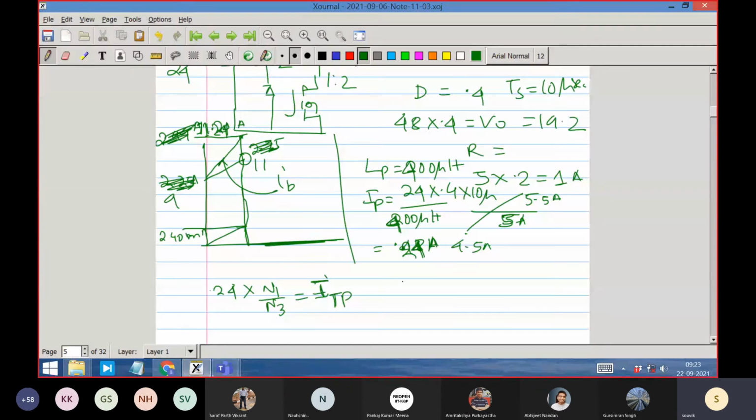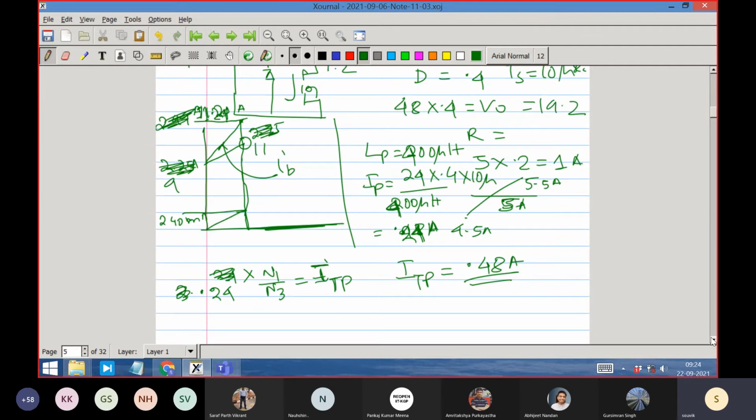So N1 by N3 is equal to how much? N1 is 1, N3 is half, so into 2. So I T peak is equal to 0.48 ampere, right?